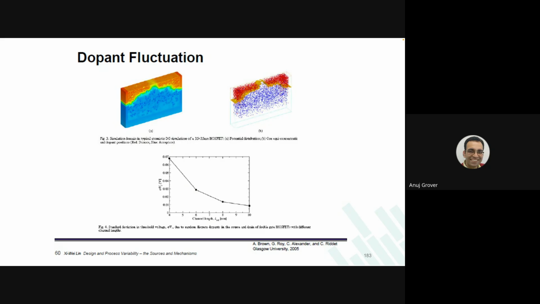Now, in advanced technologies like fully depleted SOI or FinFETs, the substrate is depleted. Depleted means there are no dopants. So this was the biggest cause of variations in earlier technologies, up to 28 nanometer. But when 28 nanometer FDSOI came, or when people started to use FinFET subsequently, this biggest cause of variations was taken away.